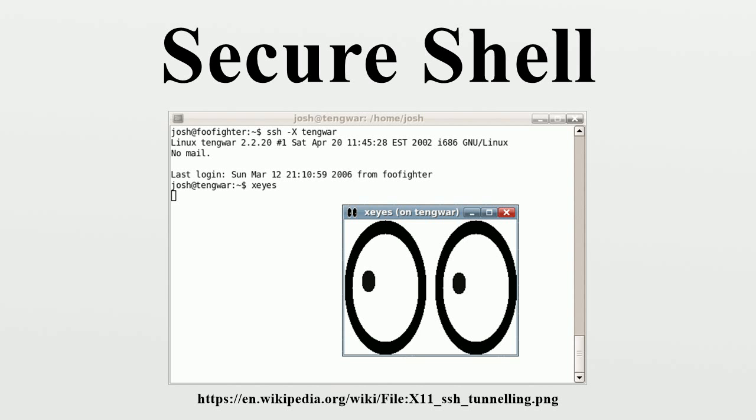RFC 4252, the Secure Shell Authentication Protocol. RFC 4253, the Secure Shell Transport Layer Protocol. RFC 4254, the Secure Shell Connection Protocol. RFC 4255, using DNS to securely publish Secure Shell key fingerprints.